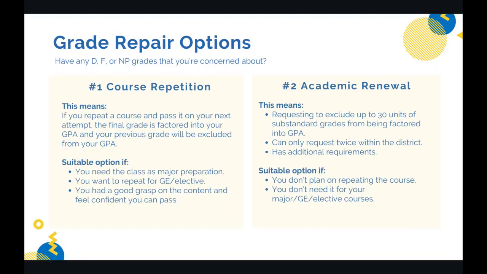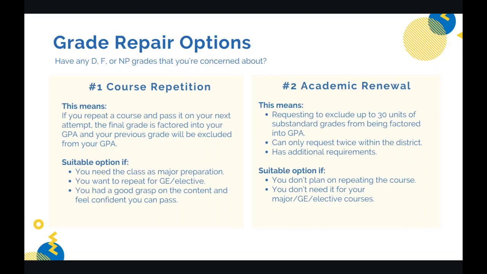If you're not planning on repeating the course, then maybe academic renewal, the second option, might be more suitable for you. This means requesting to exclude up to 30 units of substandard grades from being factored into your GPA.